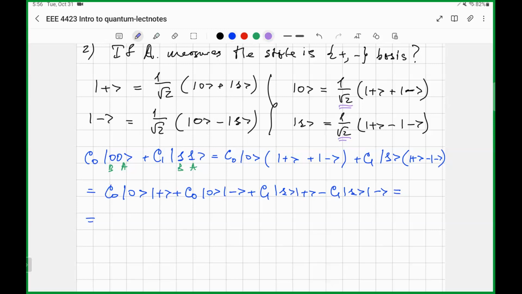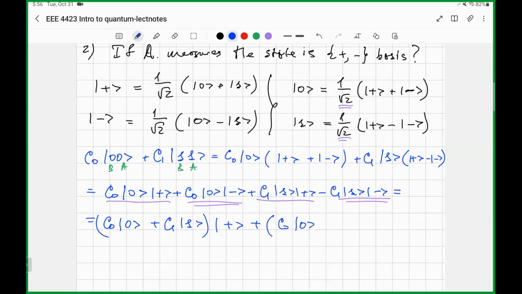Now I combine the terms with state plus and state minus. And what I get is C0 state 0 plus C1 state 1 times state plus, plus C0 state 0 minus C1 state 1 times state minus.